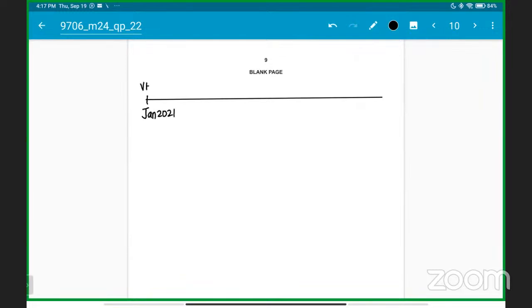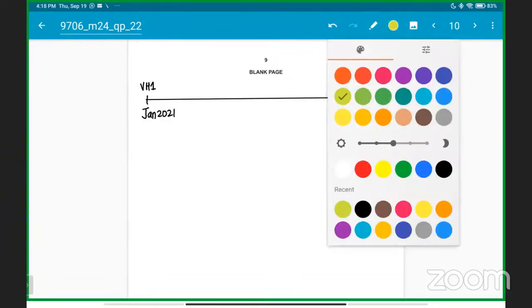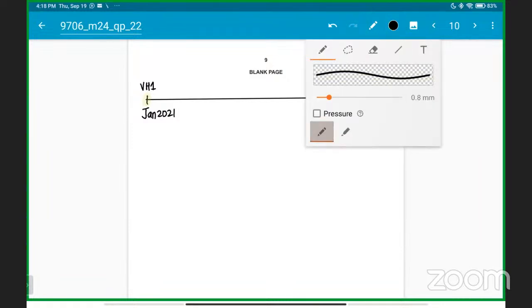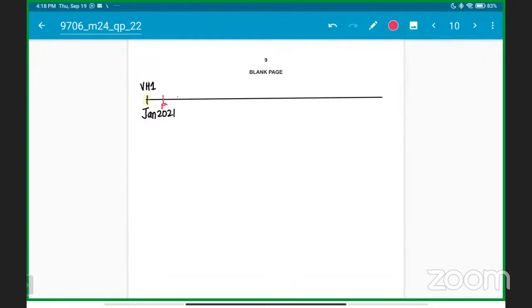You purchased vehicle number 1 here on 1st January 2021, and that is when our year starts. So February, March, April, May, June, July, August, September, October, November, December. December 2021 is finishing here, and then the new year starts, that is January 2022. Understanding?